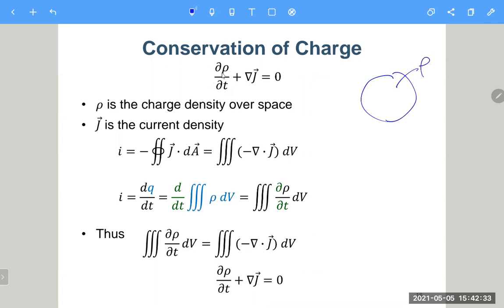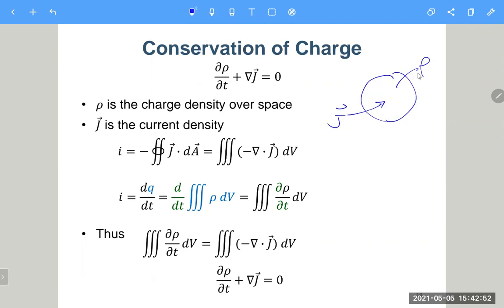if it is increasing, there should be some current going into this volume to make the charge density increase.